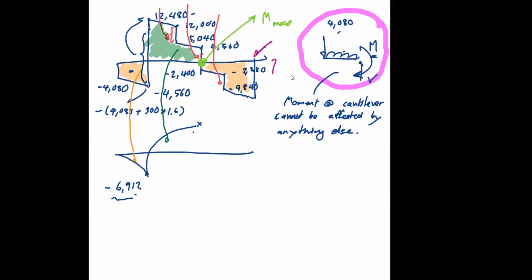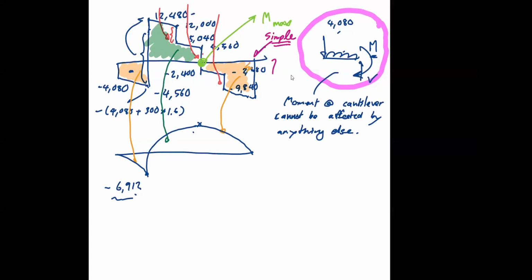Because right here at this end is a simple support, the moment must be 0, which means whatever this area has, it's a negative area. This area should bring the moment back down to 0. Are you still with me? Yeah. Okay, good.